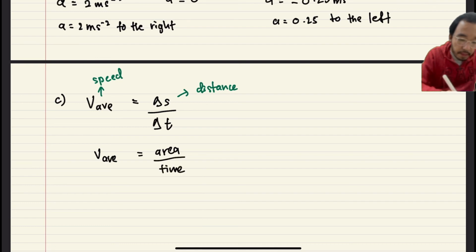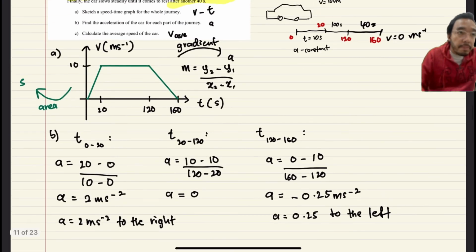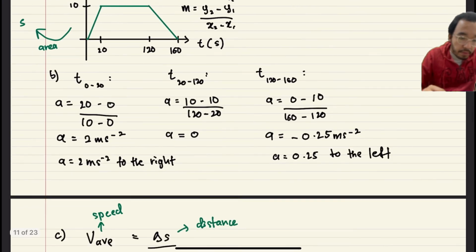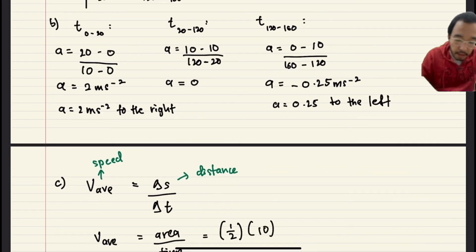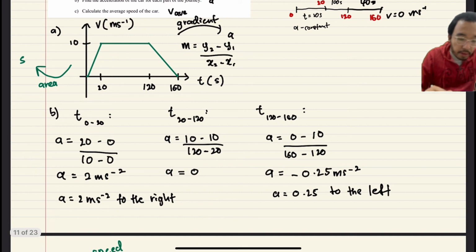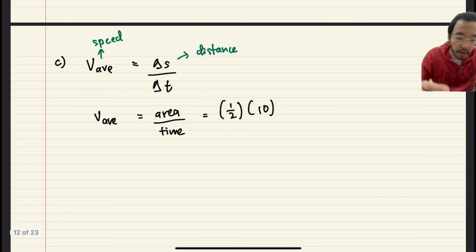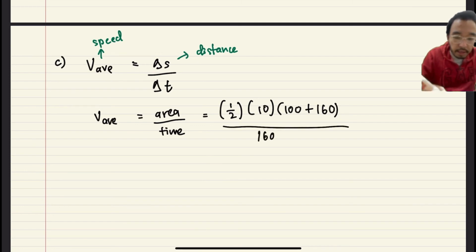So literally this is the area divided by time. Half, multiplied by the height, which is 10, and you can add this length, which is 120 minus 20, which is 100, and this one is 160. So 100 plus 160, and the time would be 160 seconds, the whole journey.